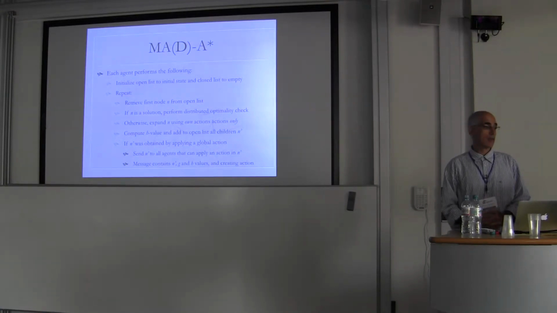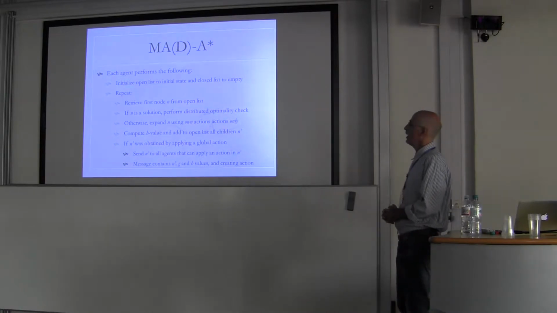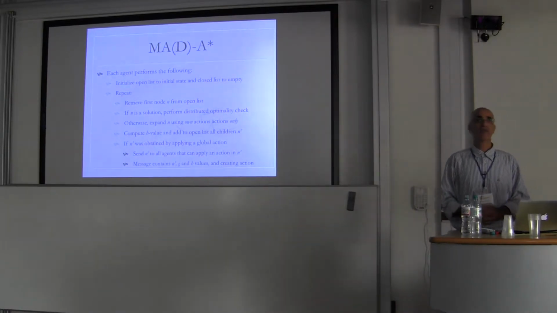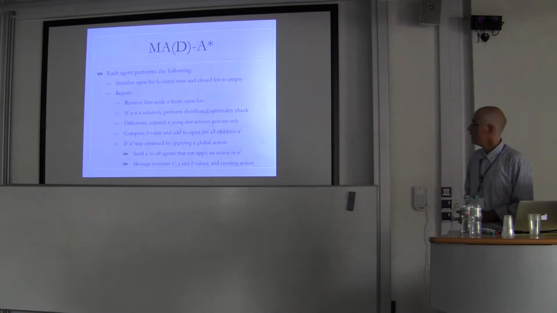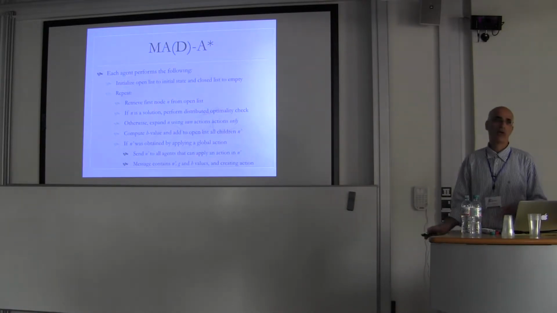And it will then compute the h value of the newly generated children, add them to its open list, and if one of the children, say n prime, was obtained by applying a global action, only a global action, then it will send n prime to all agents that can apply an action in n prime.